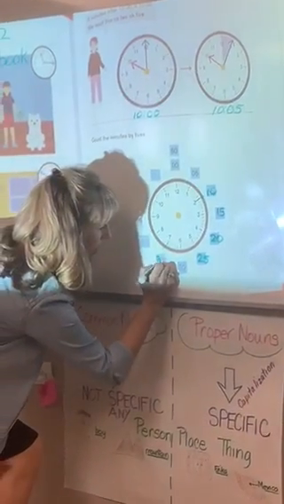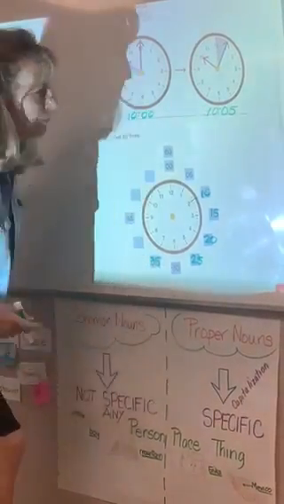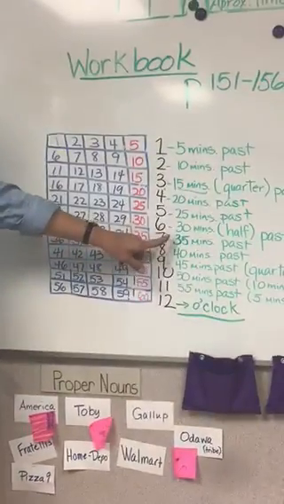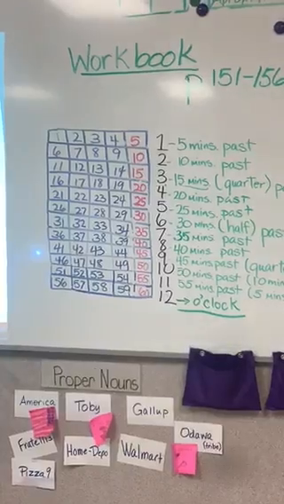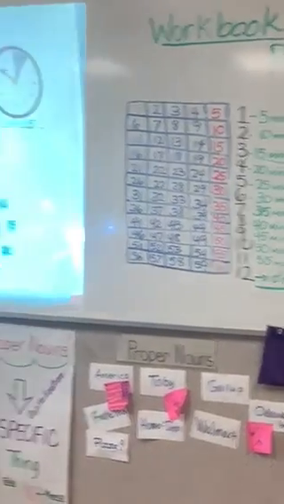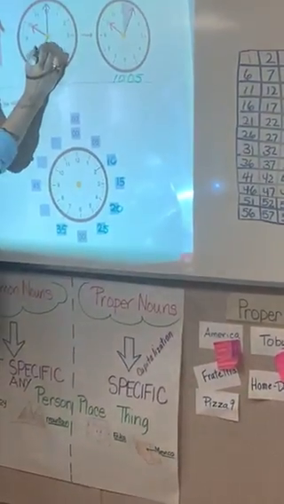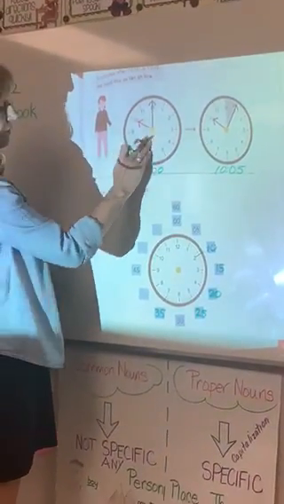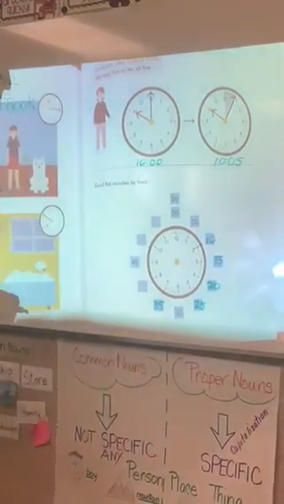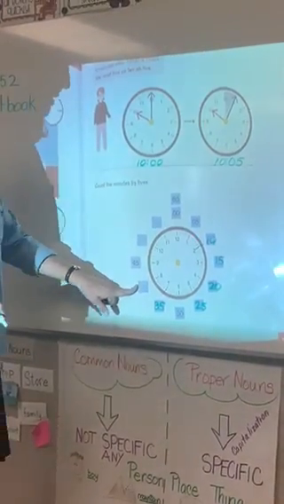Good. 35. Here it is. 35 minutes past the hour. If we were using this clock and the minute hand was here at the 7, it would be 10:35. Okay? 10:35.